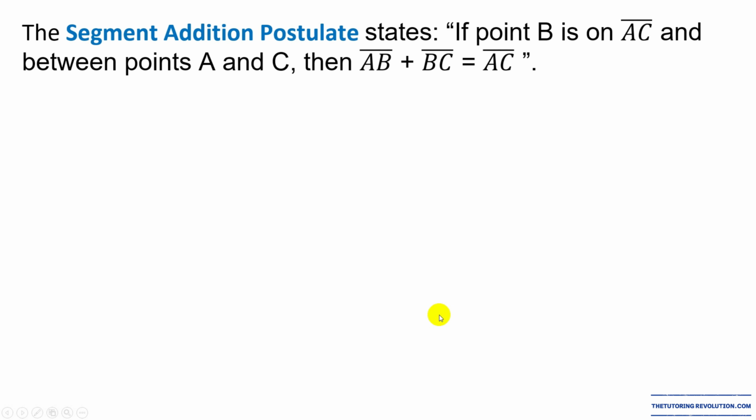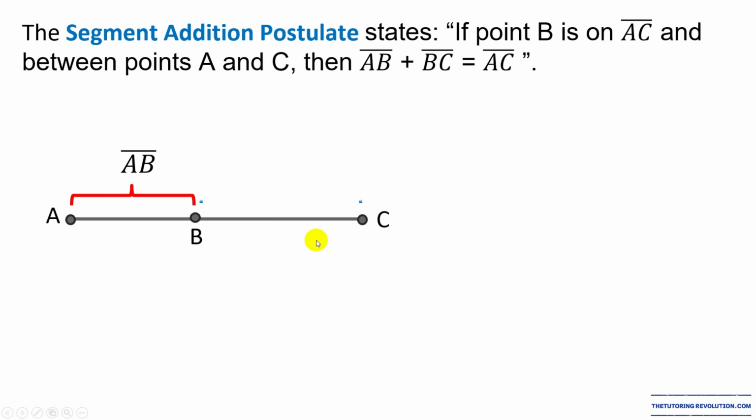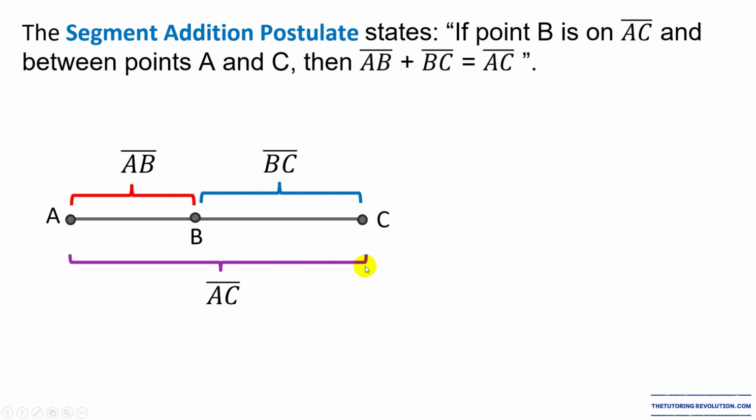Now let's go into the segment addition postulate. It states that if point B, let's draw point B, is on the segment AC, between the points A and C, then AB plus BC equals AC.